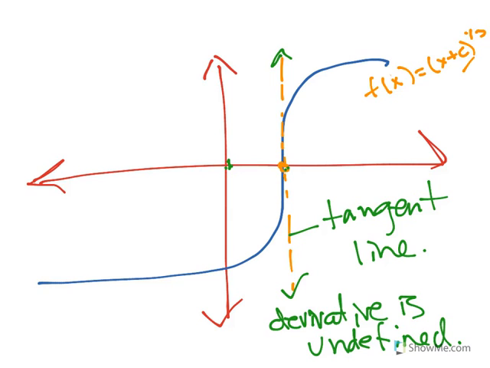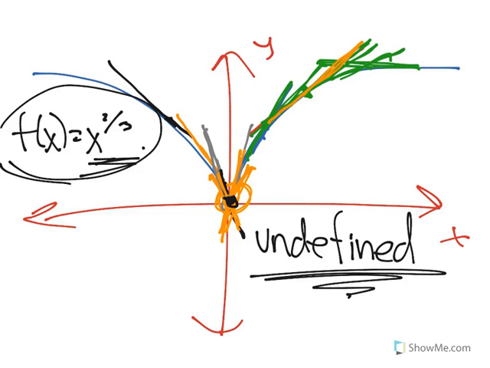Same thing with this one. You can just use the square root of x, and you will see that at 0, 0 the derivative is also undefined.